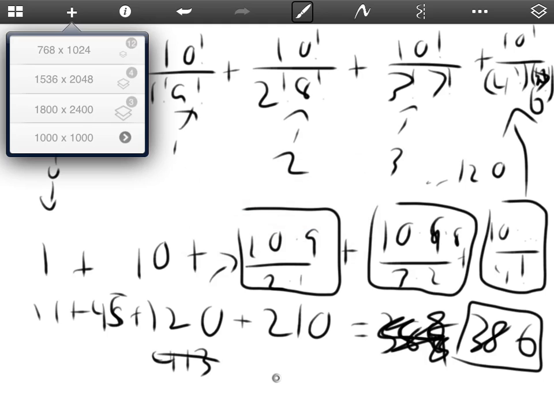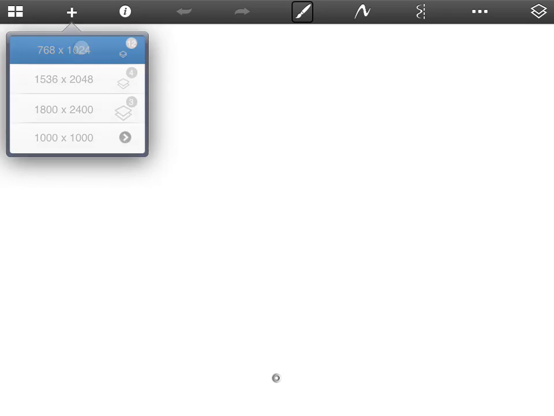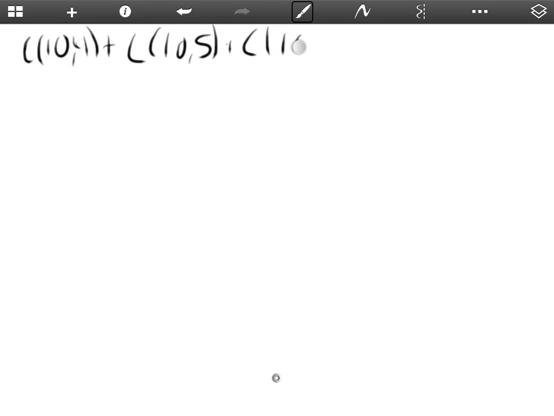Let's go on to part C. At least 4 ones. So this is going to be C of 10, 4 plus C of 10, 5 plus C of 10, 6 plus C of all the way up to C of 10, 10.